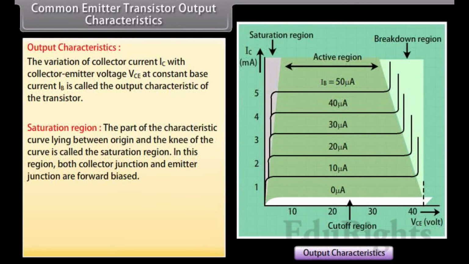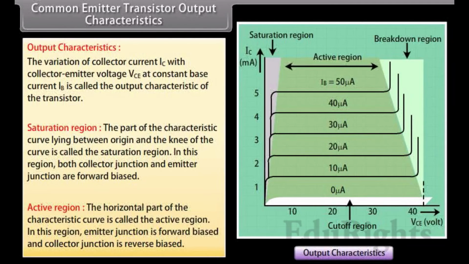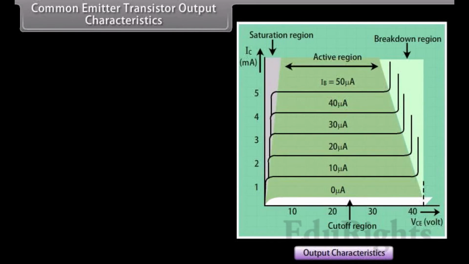The part of the characteristic curve lying between the origin and the knee of the curve is called the saturation region. In this region, both collector junction and emitter junction are forward biased. Active region. The horizontal part of the characteristic curve is called the active region. In this region, the emitter junction is forward biased and the collector junction is reverse biased.